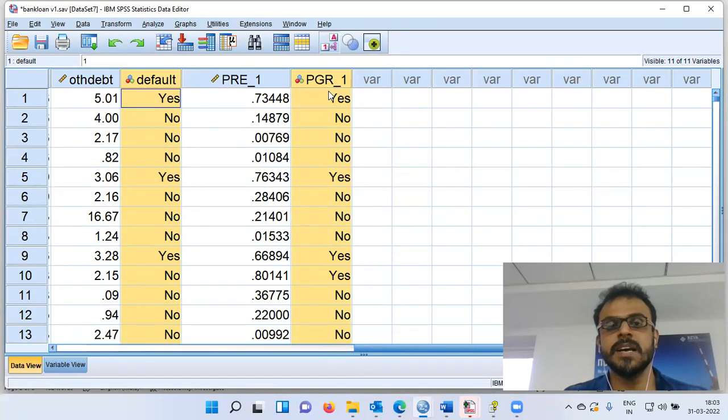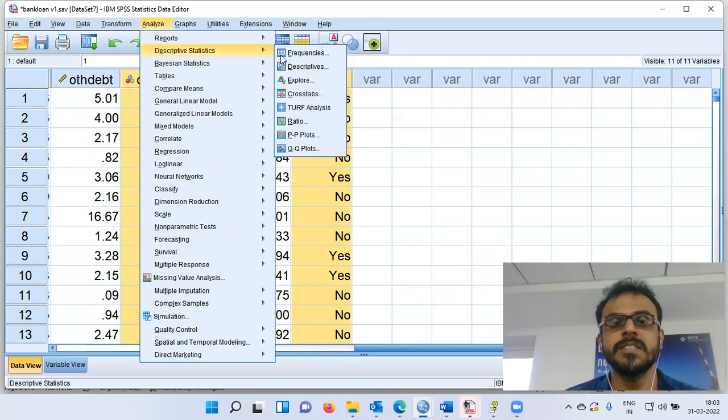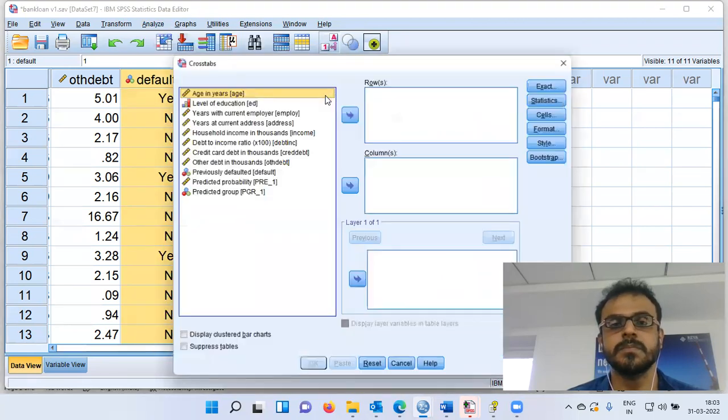What I'd like to do is a simple cross tabulation between the actual and the predicted. I can use the Analyze menu here, choose the second option, descriptive statistics. Within descriptive statistics, I will choose the fourth item, namely crosstabs.